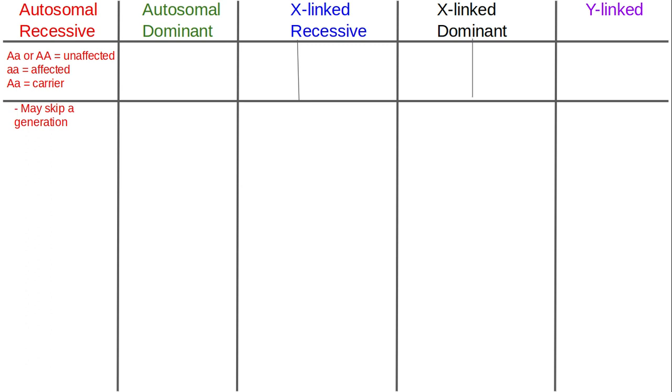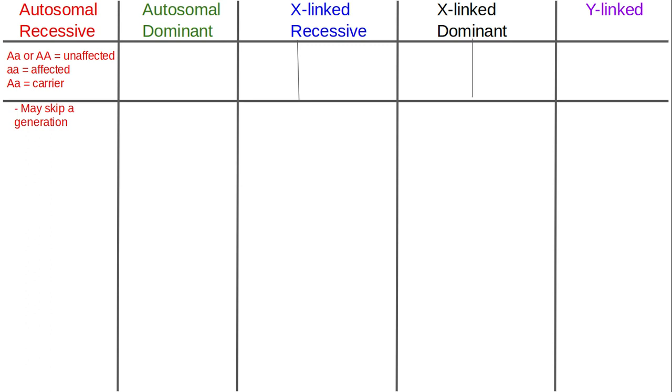Again, write these down. In autosomal recessive, in order to be affected or sick, you have to be little a little a, because that is the recessive form. Big A big A, or big A little a, means unaffected because it is recessive. We need two little a's for that to work.